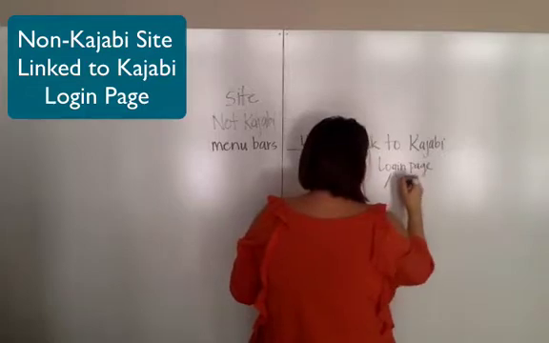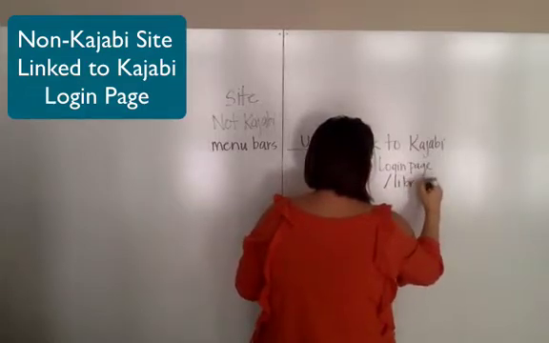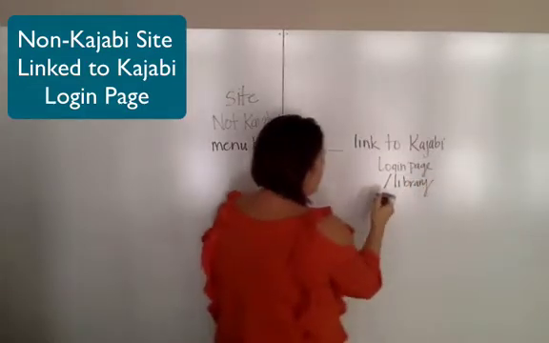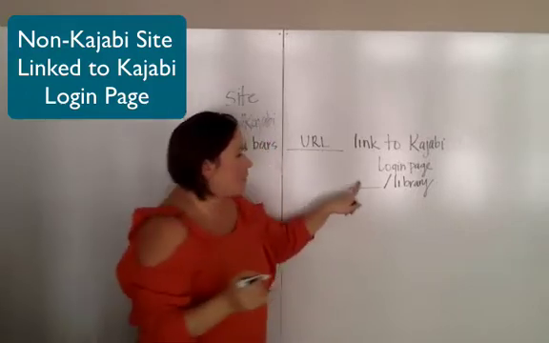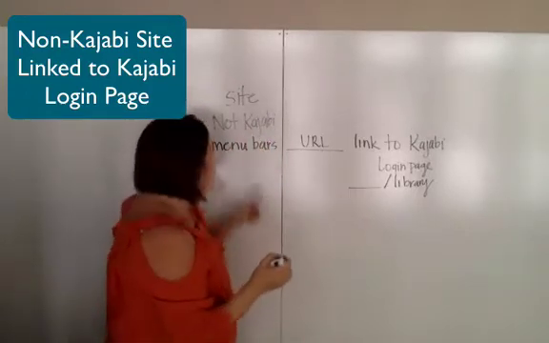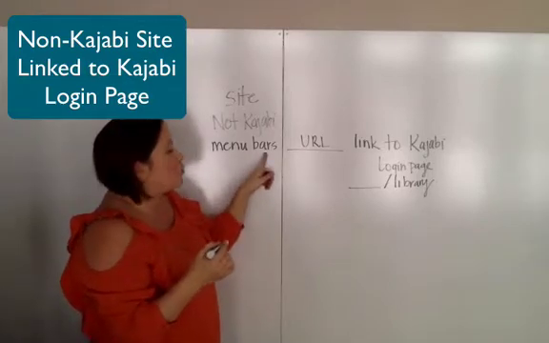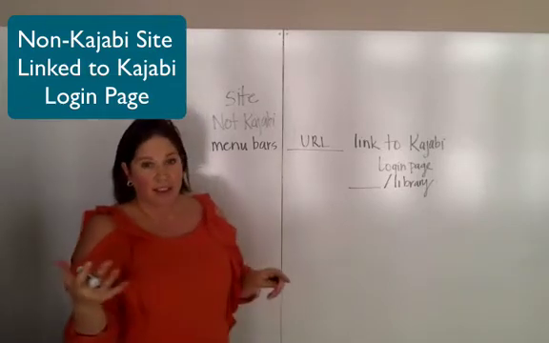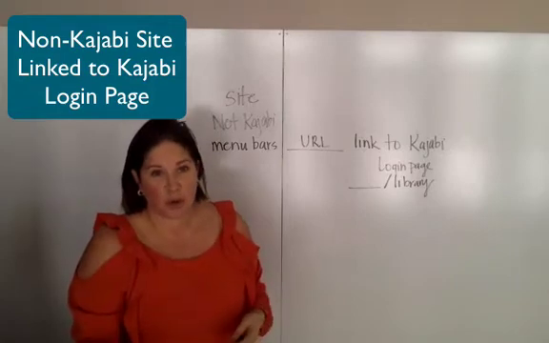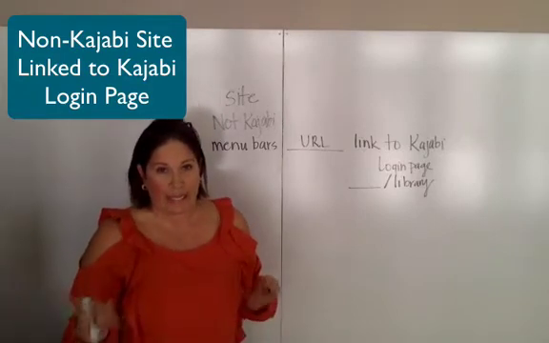So it's basically /library, and then however you have customized your Kajabi site. So if I go to your non-Kajabi website, it will say something to the effect of access your course here or log in here.